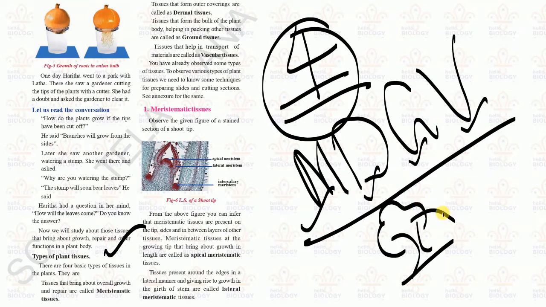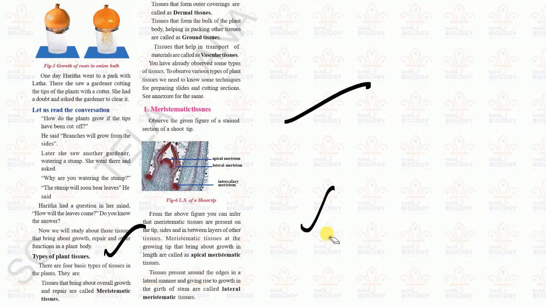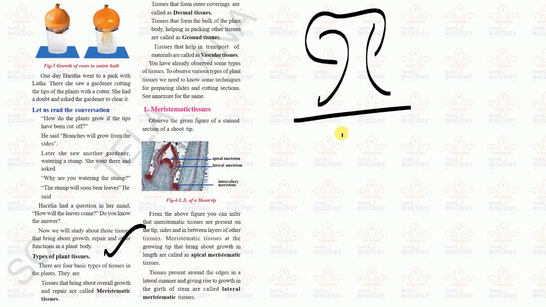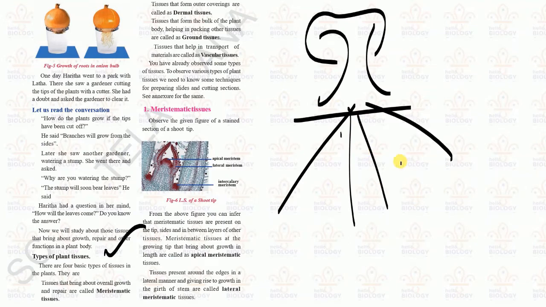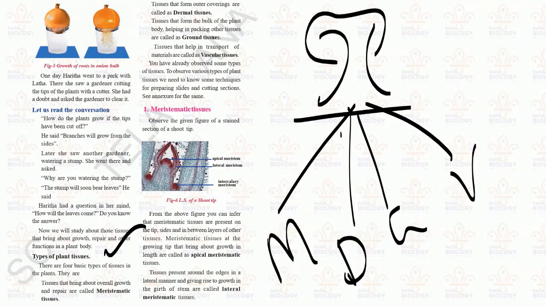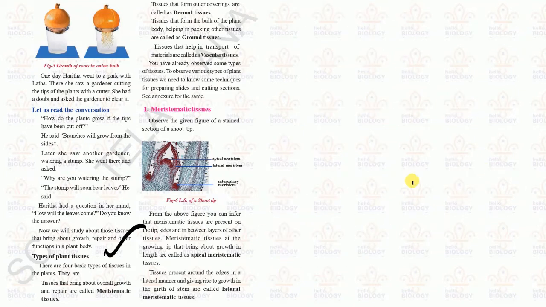Or a leaf that has fallen from a tree, or a bark that has fallen down, is a tissue. So what are the 4 types of tissues? Any tree will have, at maximum, 4 types of tissue: meristematic tissue, dermal tissue, ground tissue, vascular tissue.